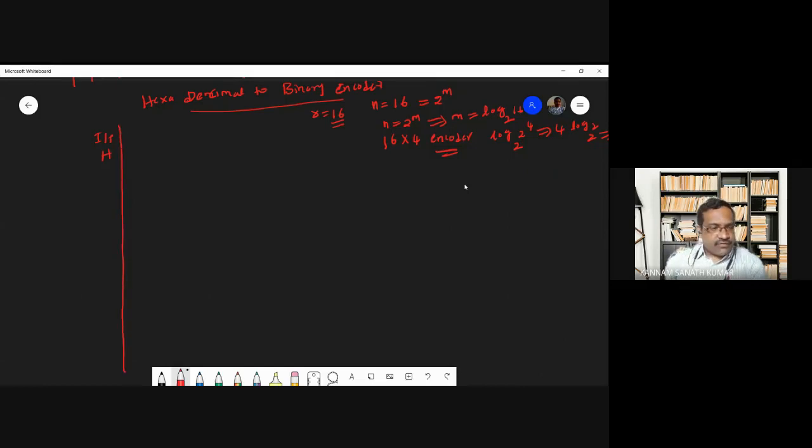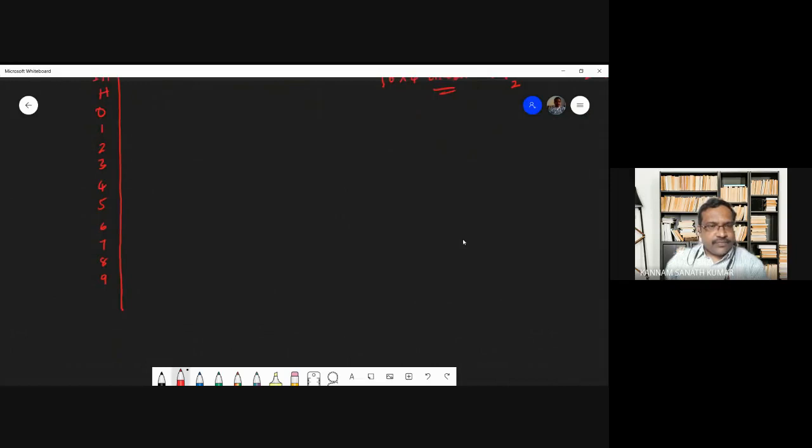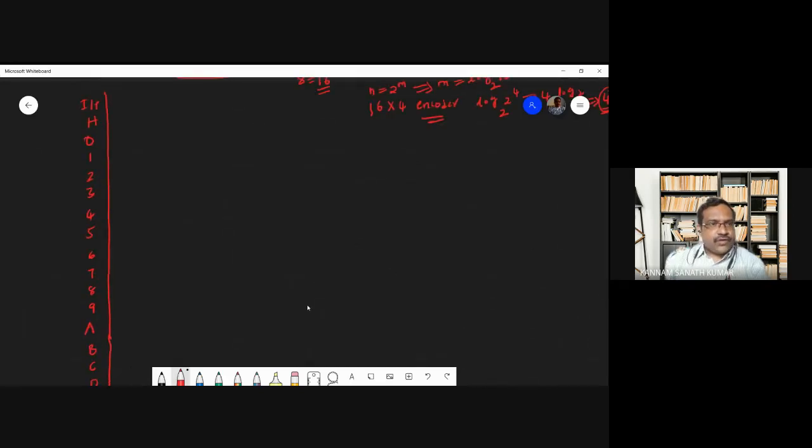For hex values, okay, so 0 1 2 3 4 5 6 7 8 9. And for 10, what is the value in hexadecimal? For 10, what is the number? A, okay, 11 is B, 12 is C, 13 is D, 14 is E, and 15 is F. So you can divide into 4 values.